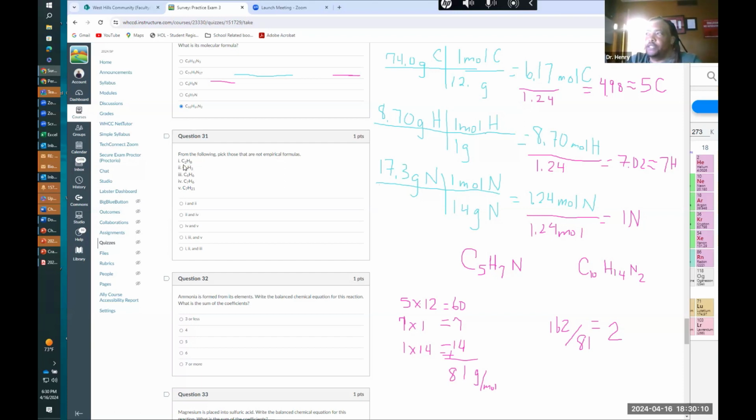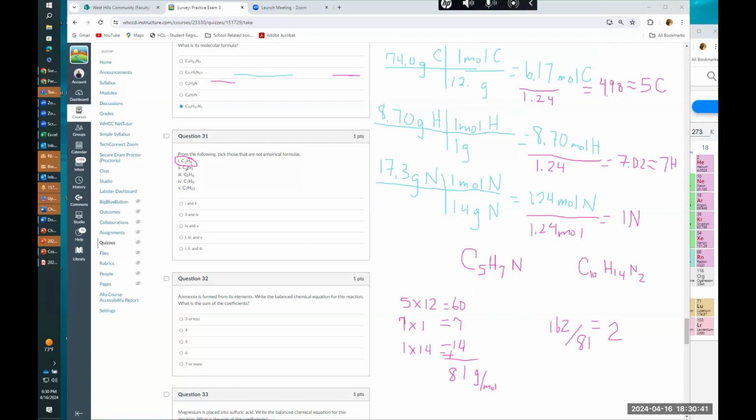For instance, this very first one would not be an empirical formula because they can both be divided by 2. So we're going to circle that one. What about the second one? Is that an empirical formula?